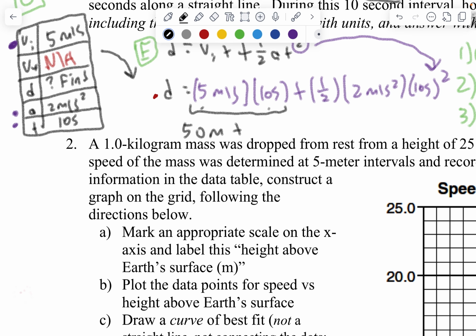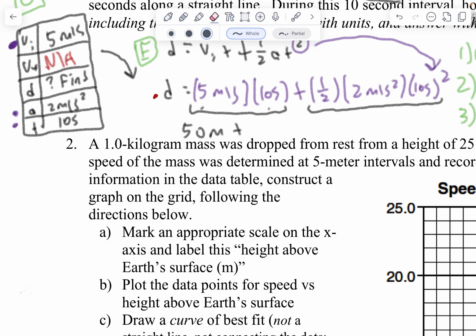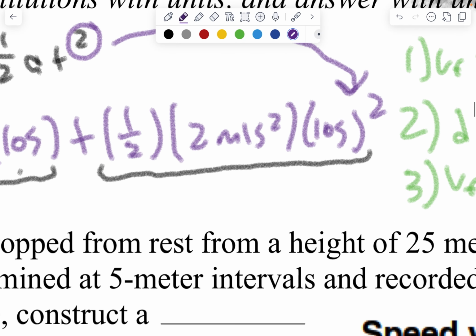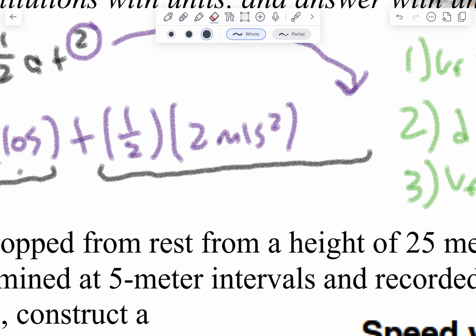Then plus, let's do that other side here. Don't forget about that. Well, first we have to simplify this 10 seconds squared because there's an exponent. Well, similar to how we multiply the units, when we have an exponent, we need to bring that into the units as well. And so when we're looking at how we want to simplify this 10 seconds squared here, it's important that we don't just make it 10 seconds squared, but we make it 100 seconds squared.